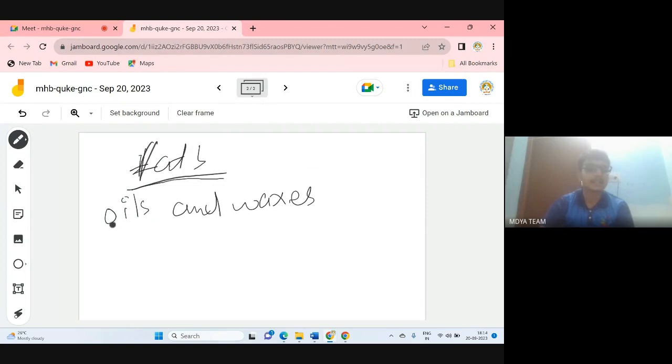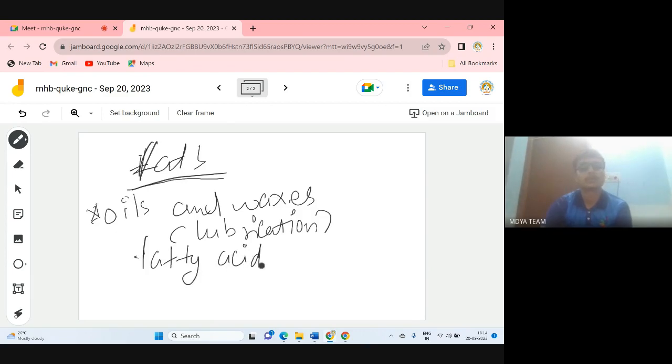Oils and waxes have a common characteristic, and that characteristic is lubrication. Because of this physical characteristic, they also possess some common chemical characteristic. They have fatty acid inside them. So all the substances which have lubrication property have fatty acid in their general formula.